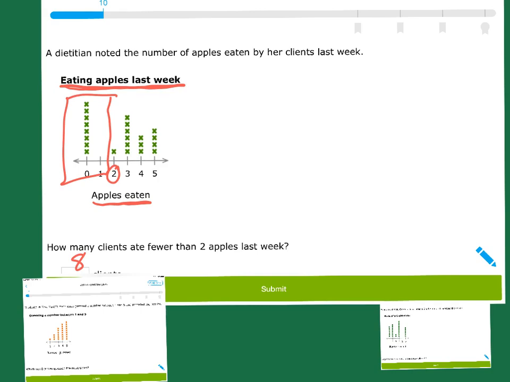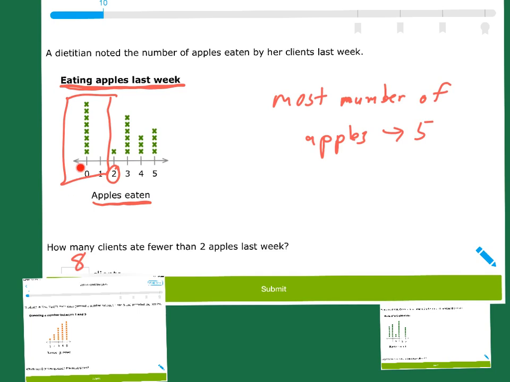Okay. If someone asked me what is the most number of apples eaten, the most number of apples is going to be 5.